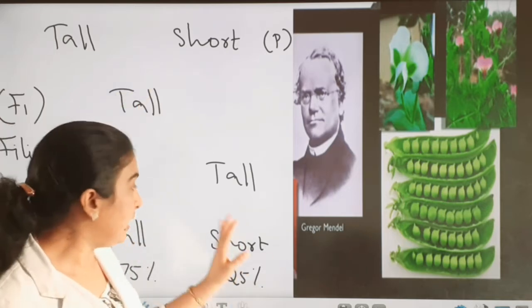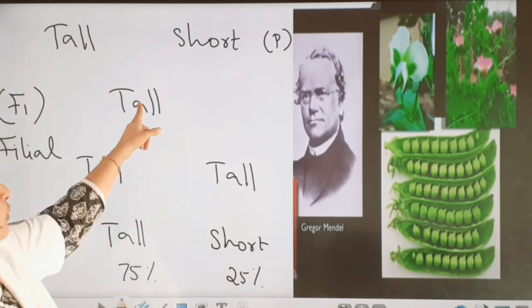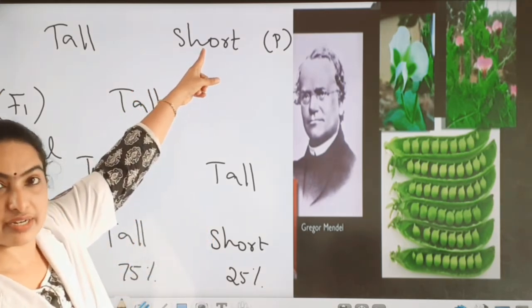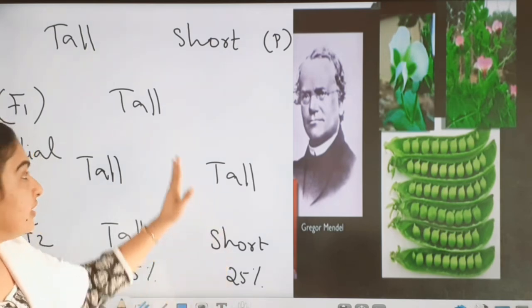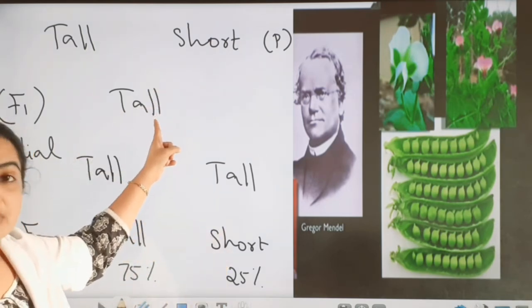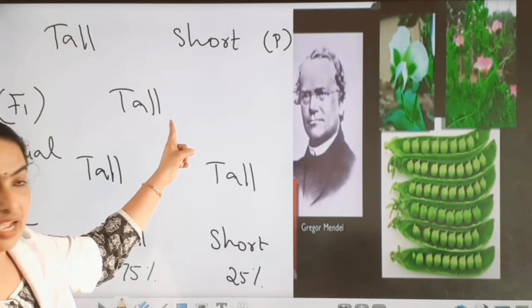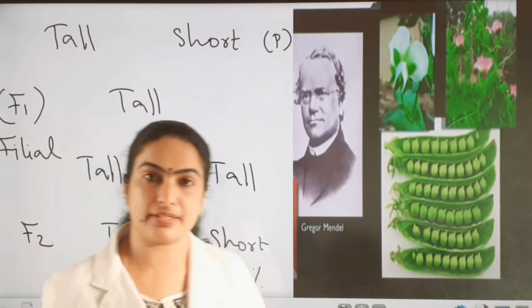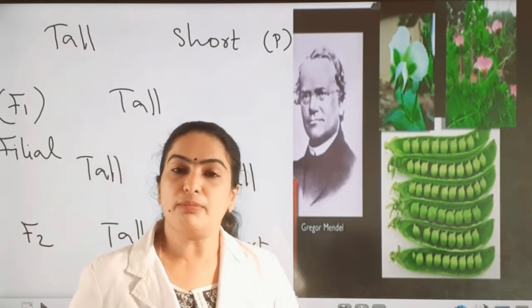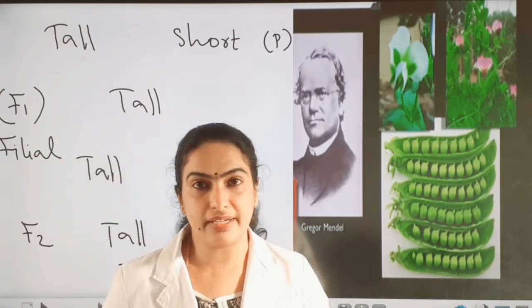That means the character which was hiding in the first generation expressed in the second generation. Here, shortness was hiding in the first generation and was expressed in the second generation. These are monohybrid crosses you already learned in 10th standard.